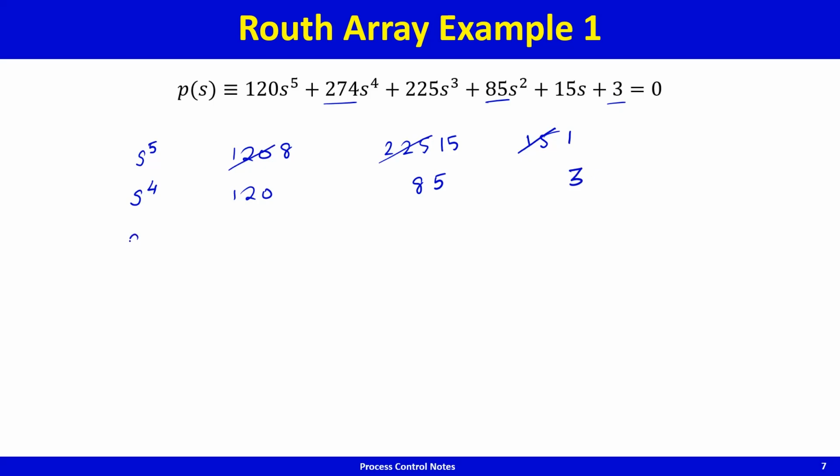Now we start building the s to the power 3 row. What is this element going to be? Let's call this b. So b is equal to 120 times 15 minus 8 times 85, divided by 120.